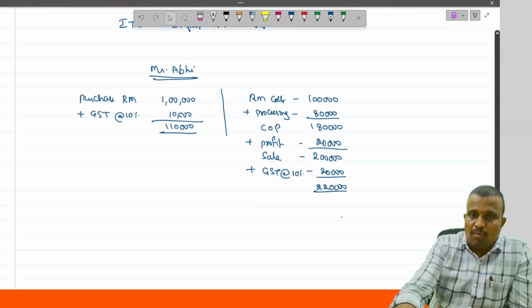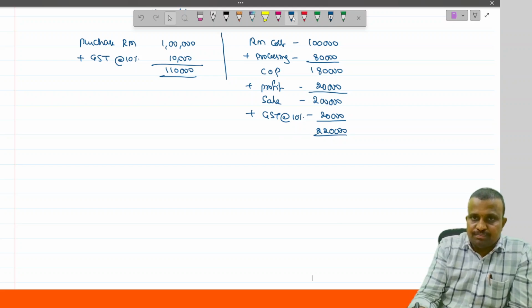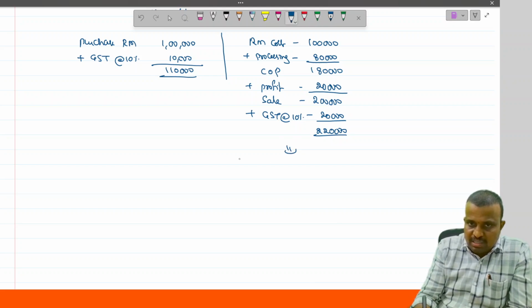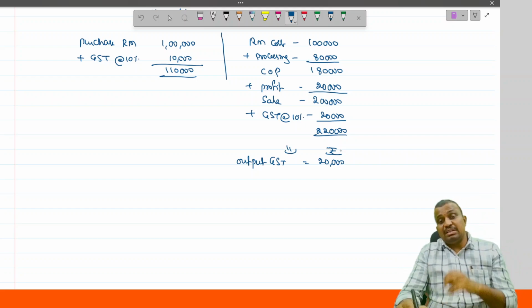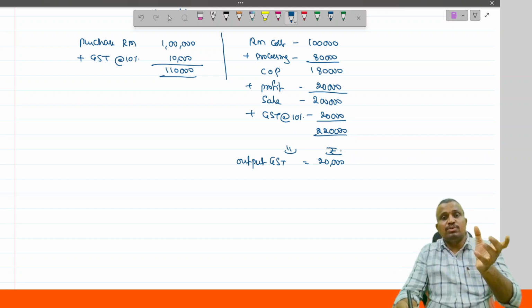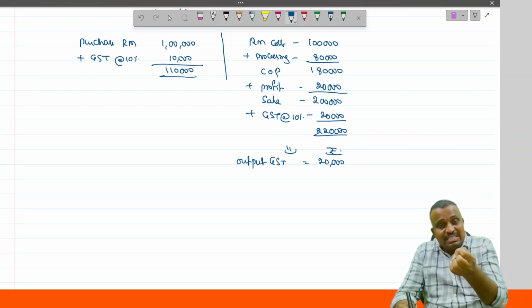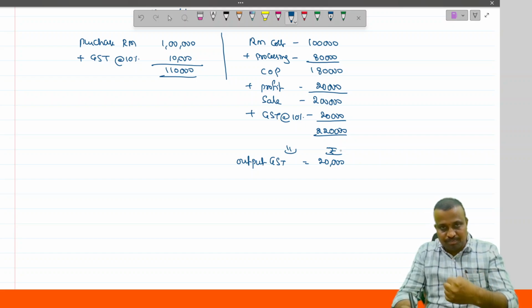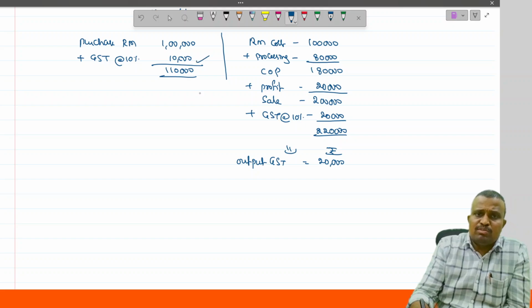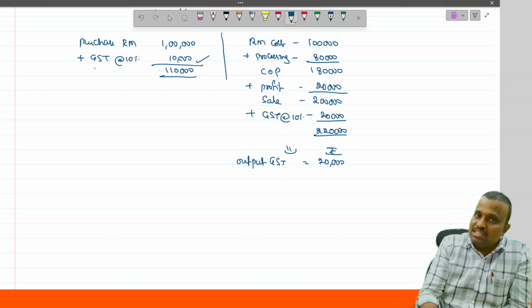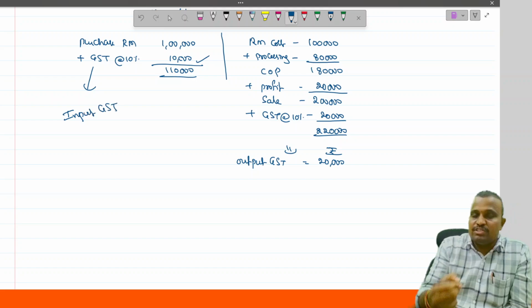And remember, whatever GST is collected by the party at the time of sale is called output GST. And this amount will be deposited to the government. But while depositing this amount to the government, whatever GST they paid at the time of purchase of the raw material, that is 10,000, is called input GST.